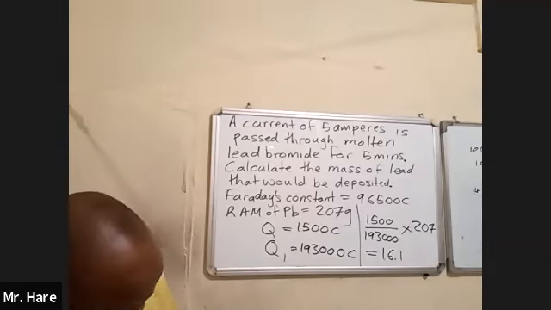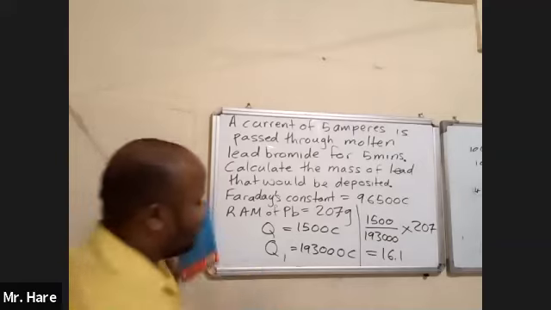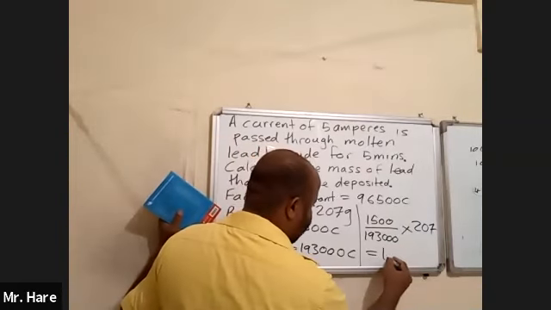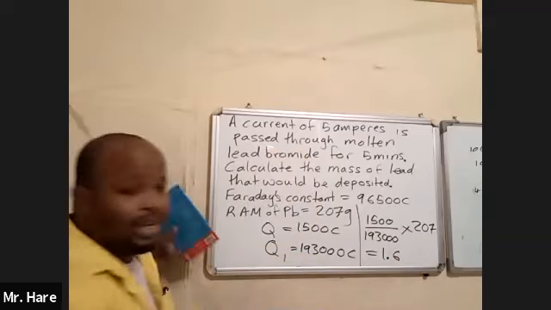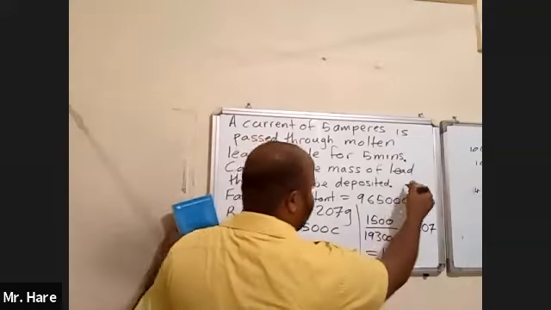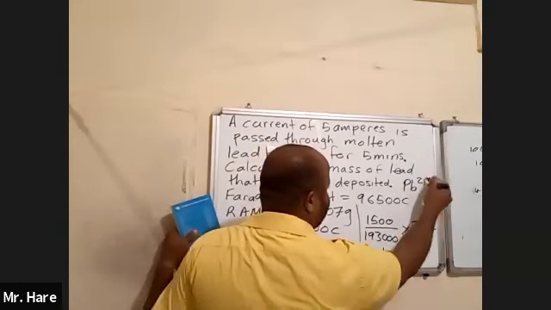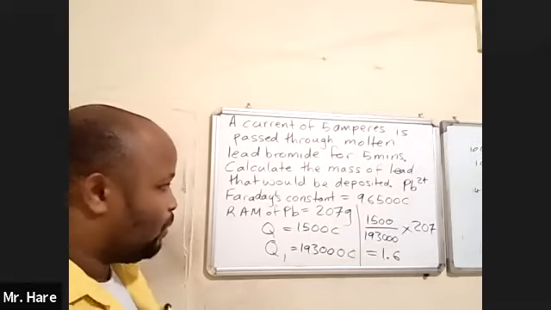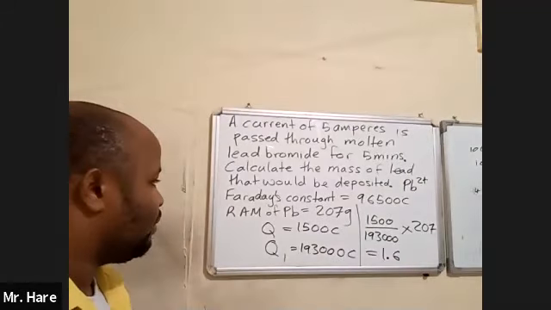I got 1.6. All right, 1.6. Sir, question: how many electrons would lead have? All right, so the charge on lead, lead is 2 plus. Right. So once you know the charge, if it's 2 plus, it will gain 2 electrons.